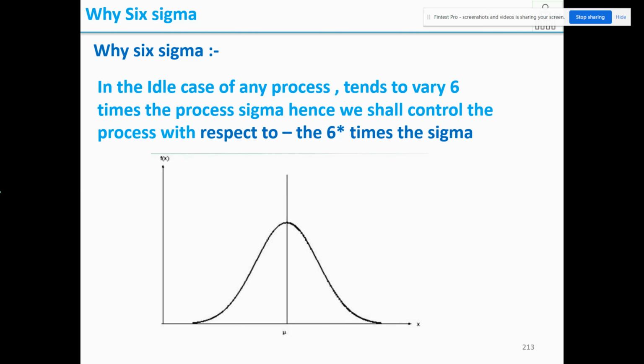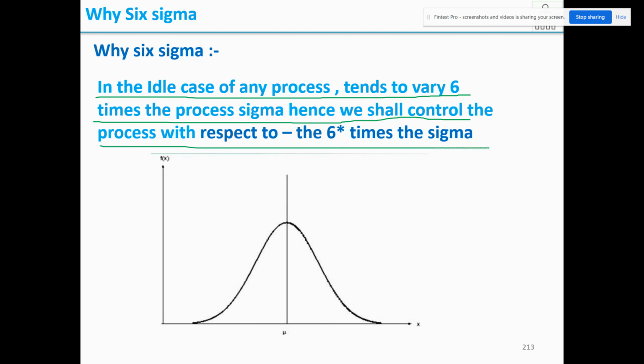So why Six Sigma? In the ideal case, any process tends to vary 6 times the process sigma, hence we will control the process with respect to six times the sigma. Say for example, your 6 sigma variation is 6 mm.